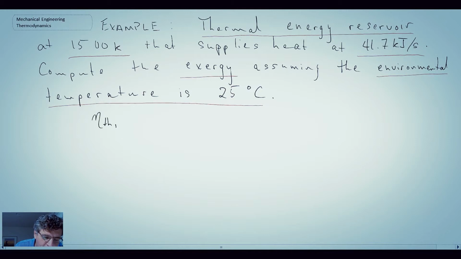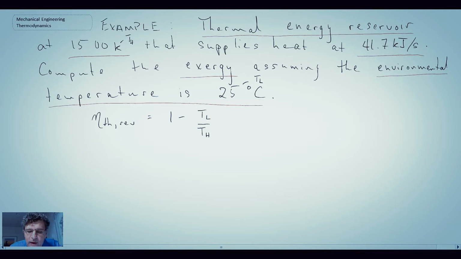So we know for a Carnot heat engine, the reversible thermal efficiency can be expressed in this manner. So we can substitute in the values of T low and T high. T low is here and T high is here.